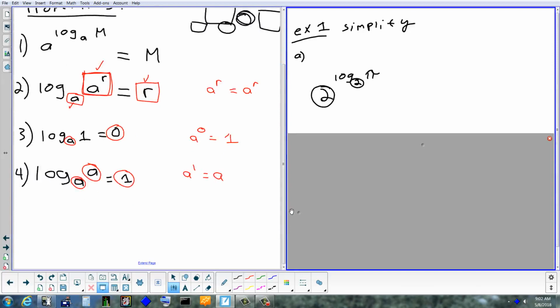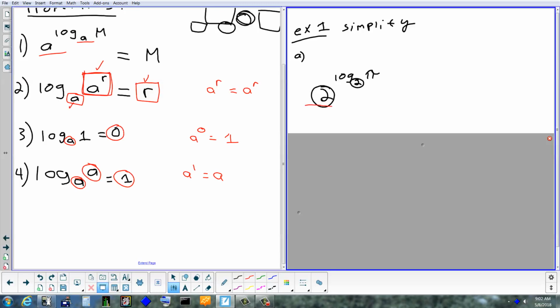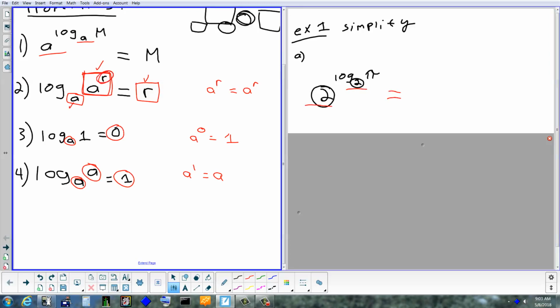Yeah, it would fit into rule 1 because that's where you have a base, you have a logarithm up in the exponent, and the base and the base match. So if we apply rule 1 to that problem, what should the answer be? Pi. The answer is whatever is sitting right there. Pi.